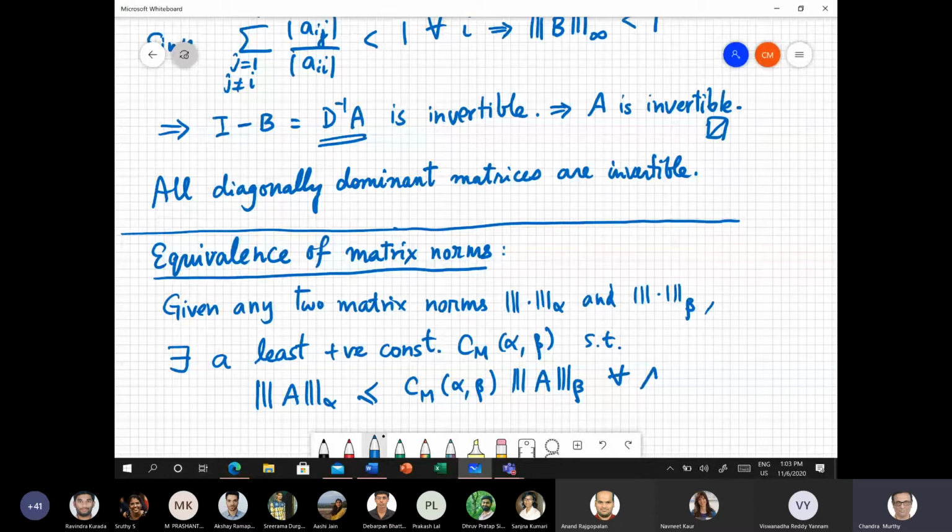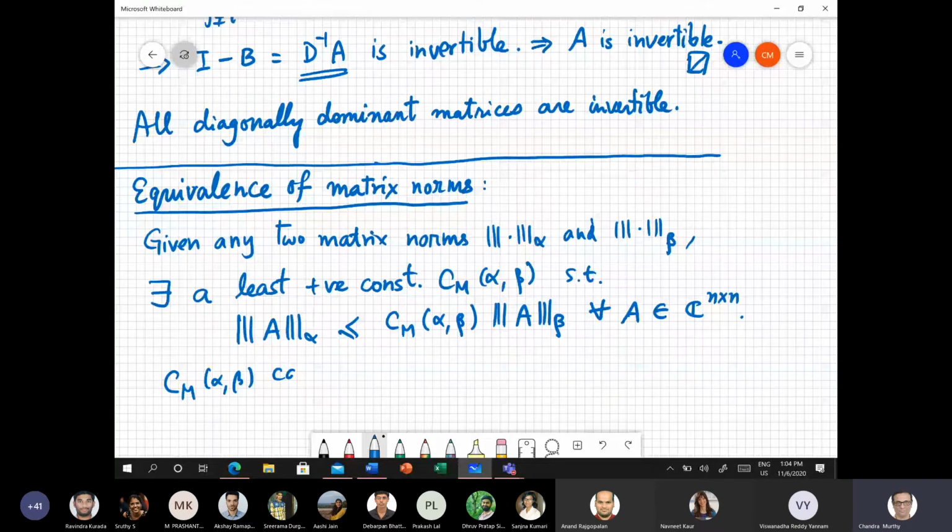In fact, Cm of alpha beta can be computed by solving: Cm of alpha beta is equal to the maximum over all A not equal to 0 of norm A alpha divided by norm A beta.